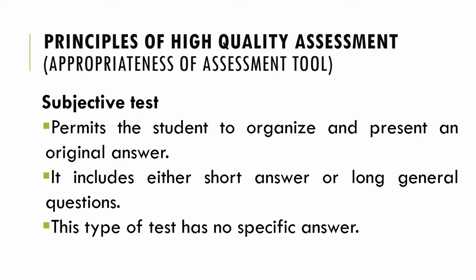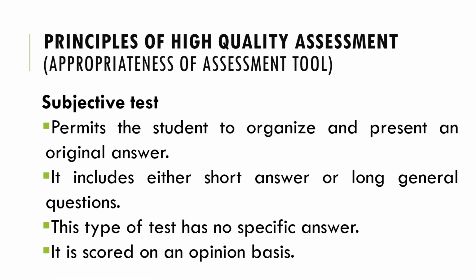Now the problem of subjective test now is when it comes to the scoring procedure. Okay, so because this is subjective, that is why kung titingnan natin yung example dito, it is scored on an opinion basis. And because of that, we really have problems on checking our subjective test.